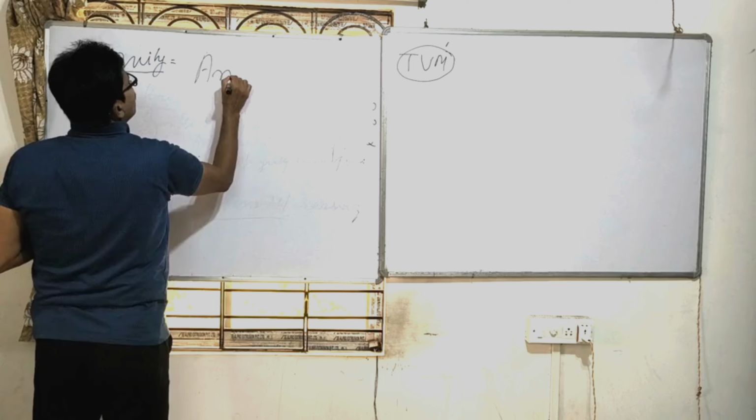Just remember, annuity is a fixed amount of cash flow, inflow or outflow. Suppose you are getting money inflow or you are paying outflow at regular intervals of time.